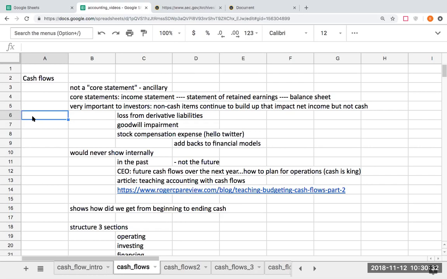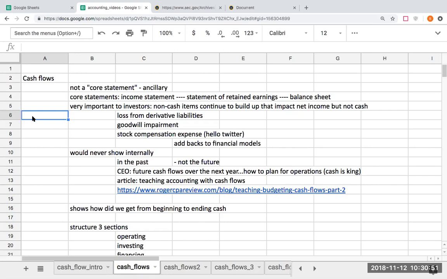I can do an asset sale. I can do a bond issuance. I can do all these other types of things. I can show the depreciation or the amortization, and you have to know how to do all those things in order to prepare a statement of cash flows effectively.